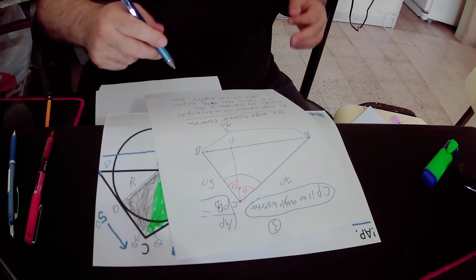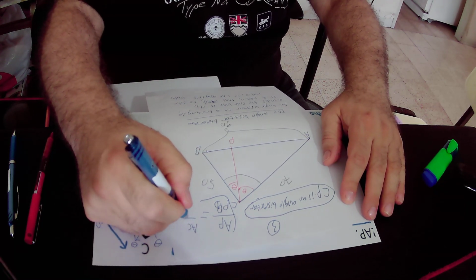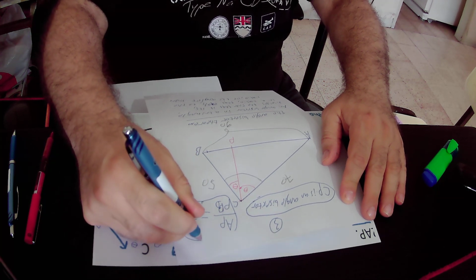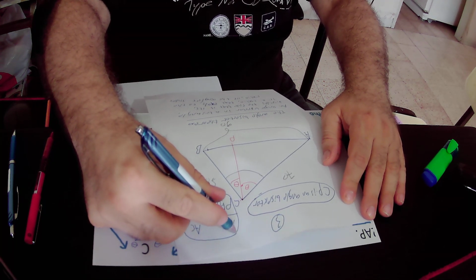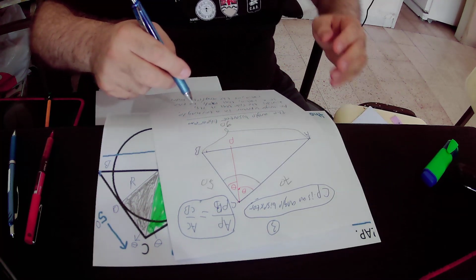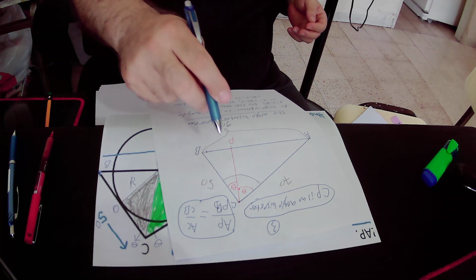And that ratio, AC over CB, equals the ratio in which CP divides side AB, that is to say, AP over PB.